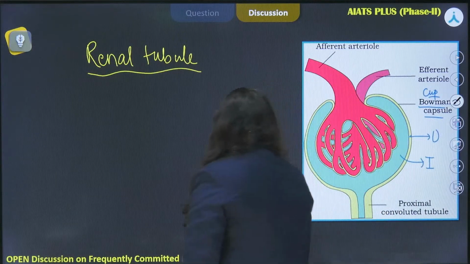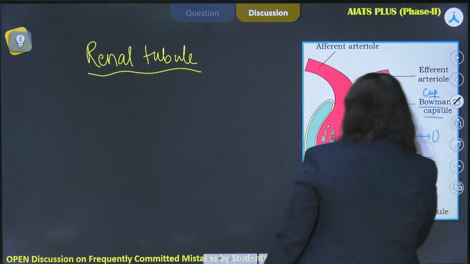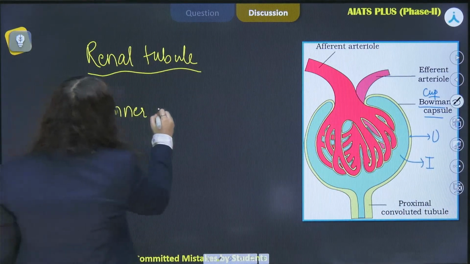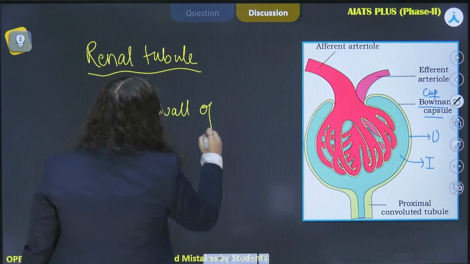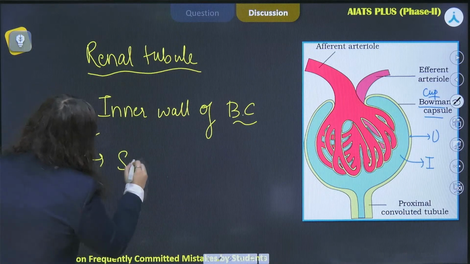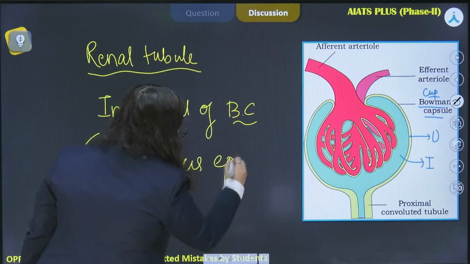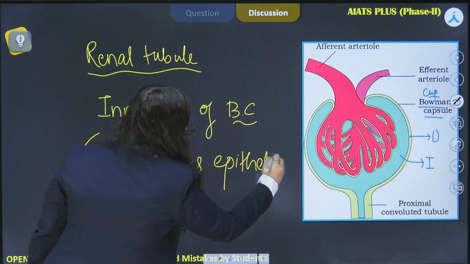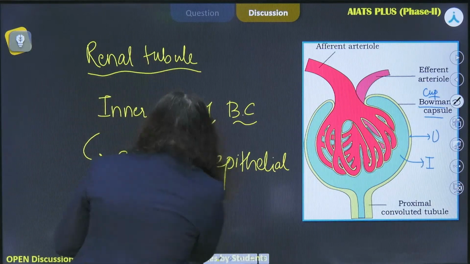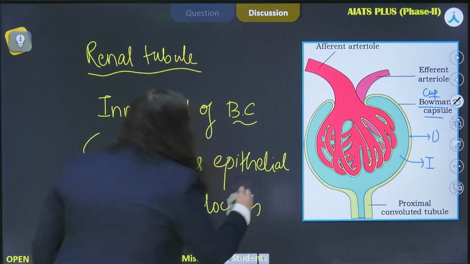All right, and in the inner wall of Bowman's capsule, the squamous epithelial cells get specialized to form podocytes, or I would say filtration slits.